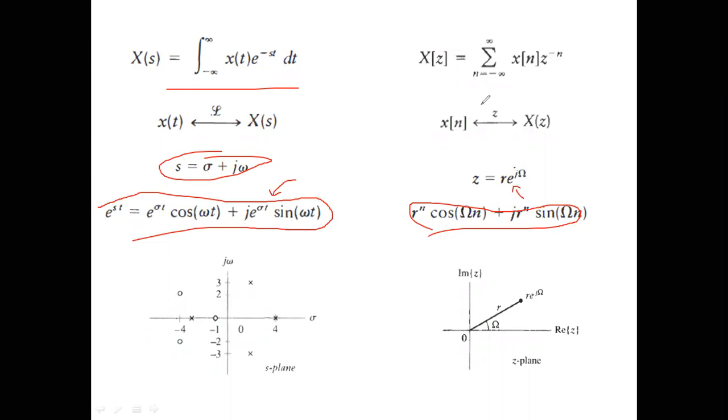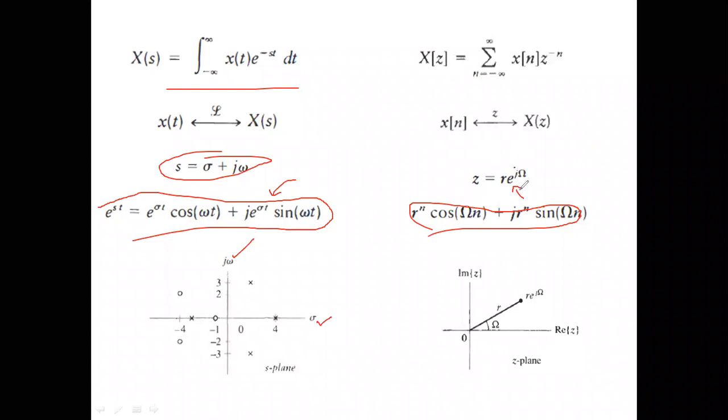Something similar applies to the plane, which we all know. Your Laplace is given by the S plane, which we remember. There will be poles and zeros. Even in the Z transform, we will get some poles and zeros. Your S plane contains s equals sigma plus j omega, so it contains a real axis and an imaginary axis.